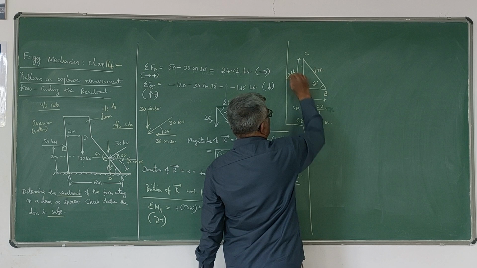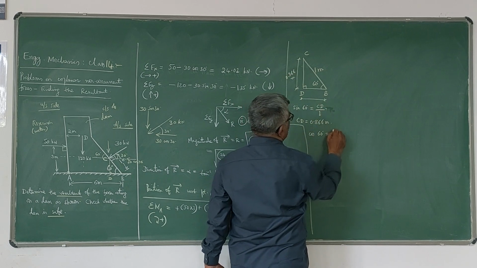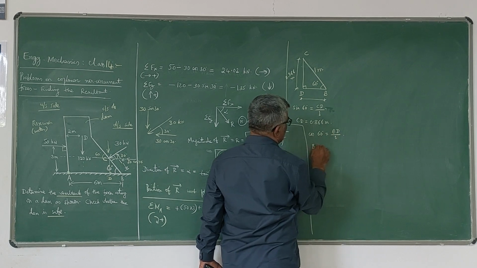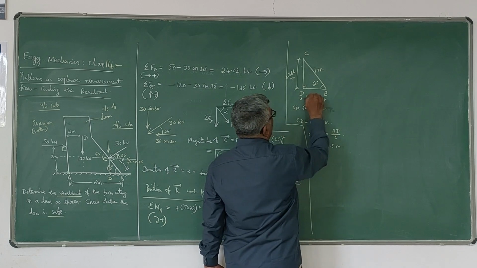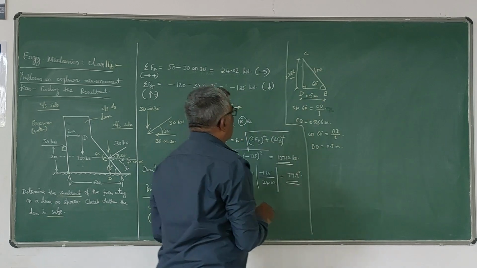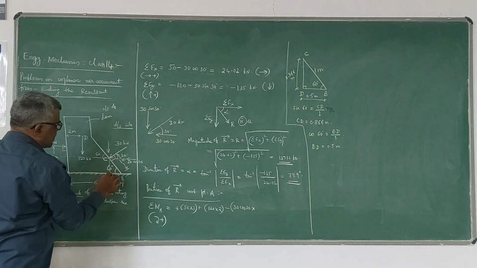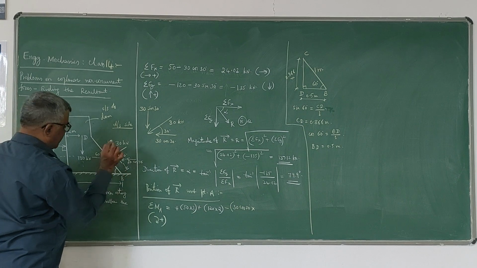Similarly, cos 60 is adjacent by hypotenuse, that is BD by 1 meter. So BD is equal to cos 60, which is half, that is 0.5. Now we have the values CD and DB: this value is 0.866, whereas this value is 0.5.